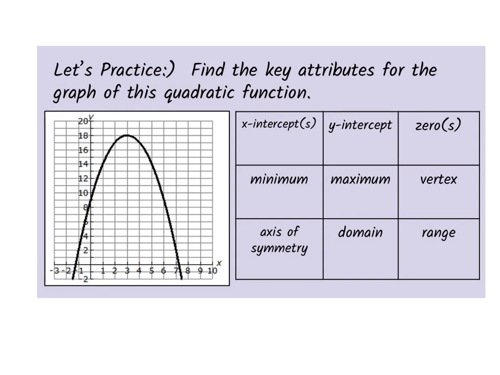Find the key attributes of this graph for this quadratic function. So, the x-intercepts. Oh, of course, I did not pick an easy one. The x-intercepts are going to be here and here, so I have two of them.